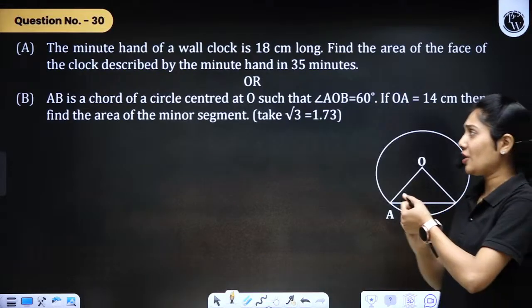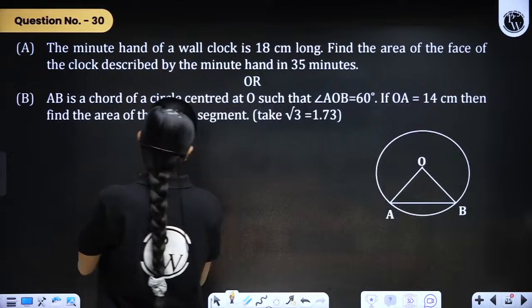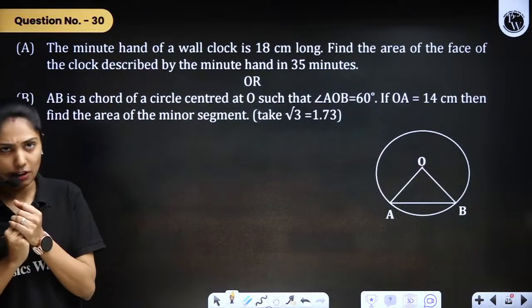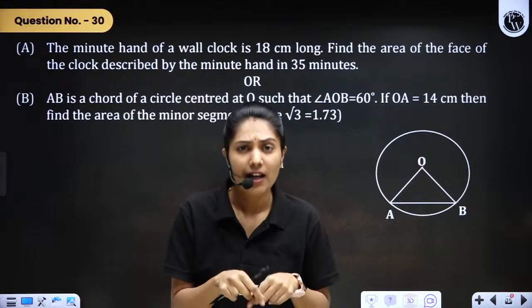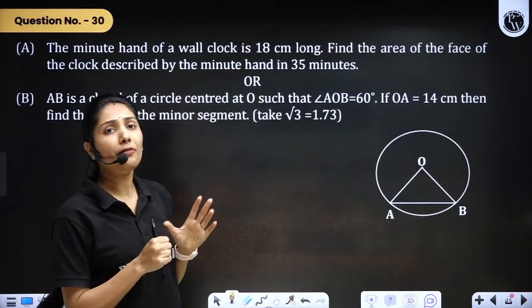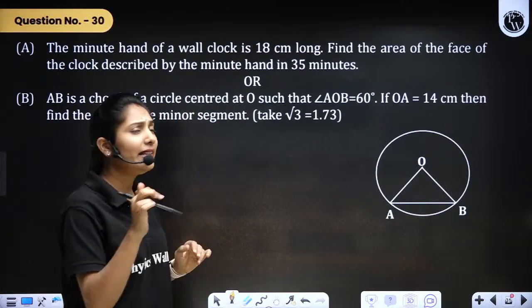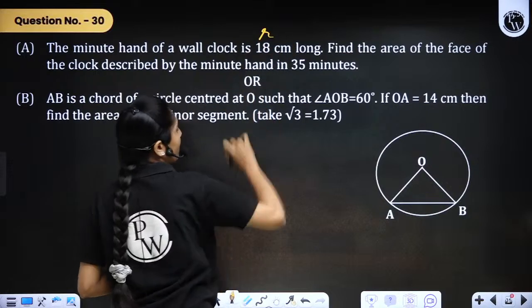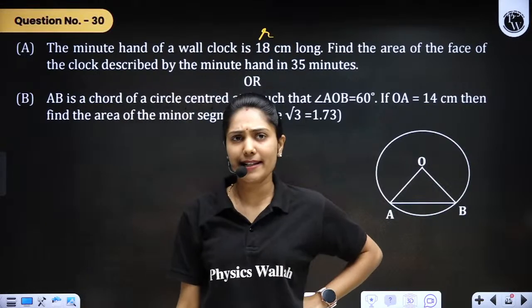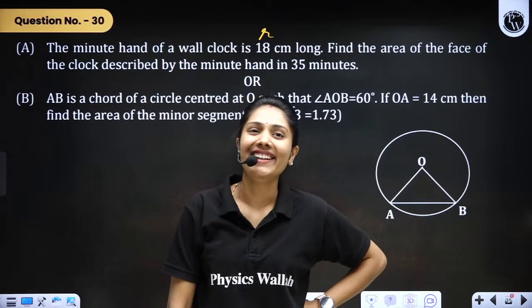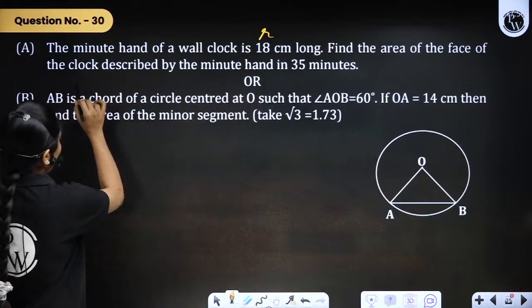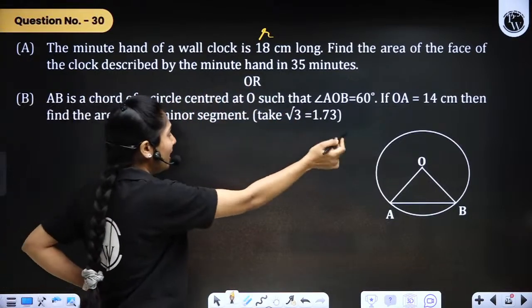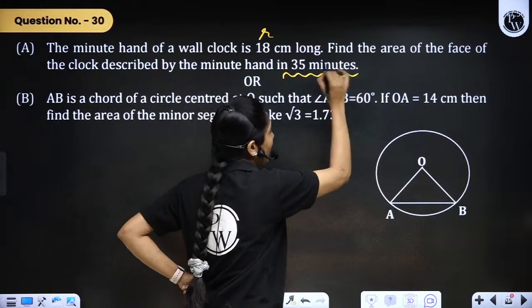Now the next question is, the minute hand of a wall clock is 18 centimeter long. If we imagine that clock as a circle, and we know the length of the minute hand, in that particular case this 18 centimeter will become the radius. Then find the area of the face of the clock described by the minute hand in 35 minutes.